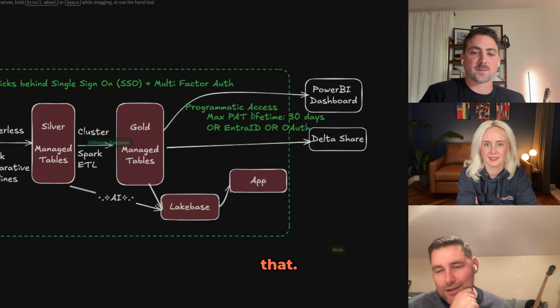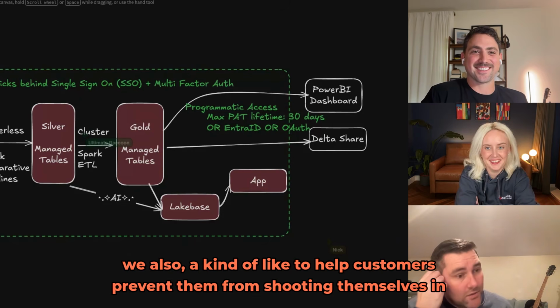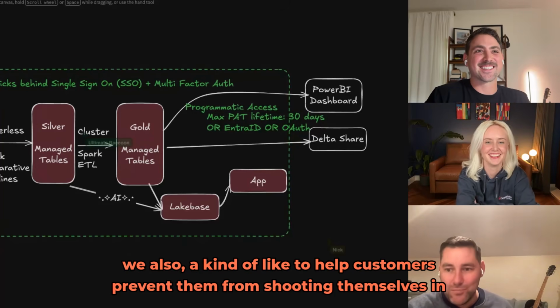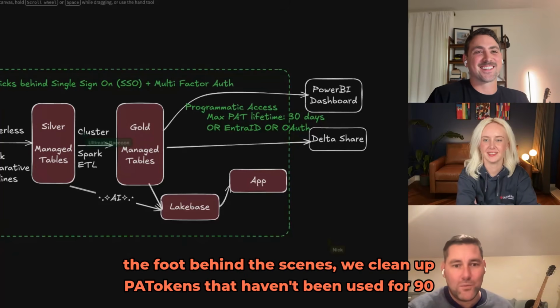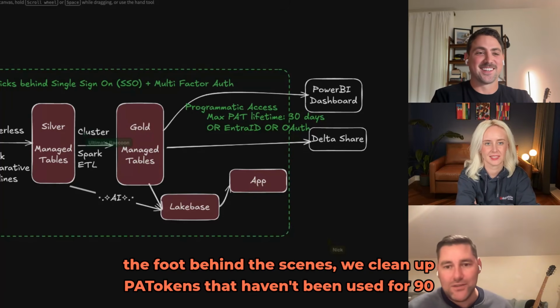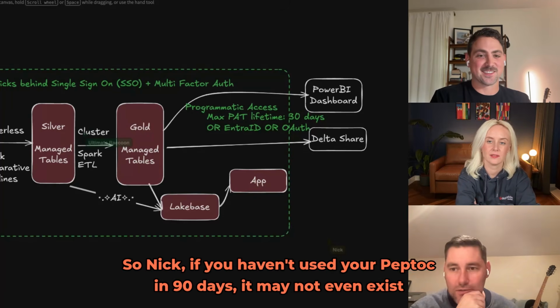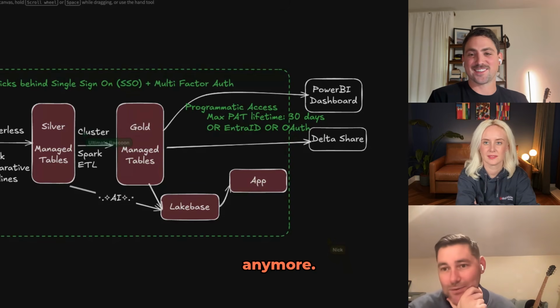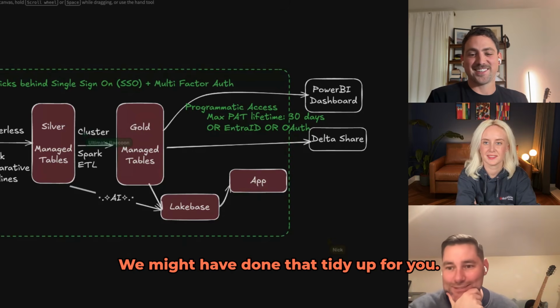To help customers prevent shooting themselves in the foot, behind the scenes we also clean up PAT tokens that haven't been used for 90 days. So Nick, if you haven't used your PAT token in 90 days, it may not even exist anymore. We might have done that tidy up for you.